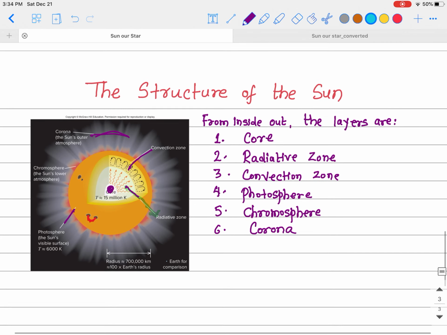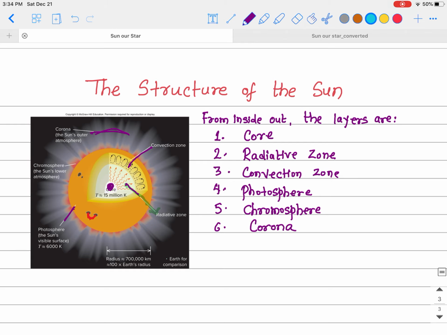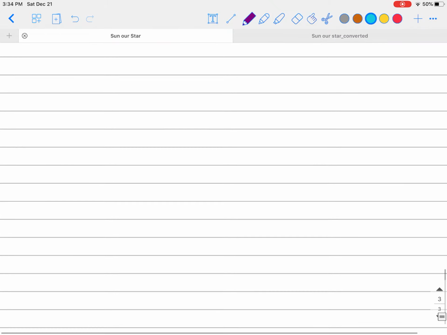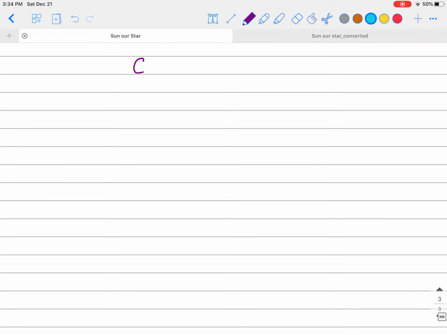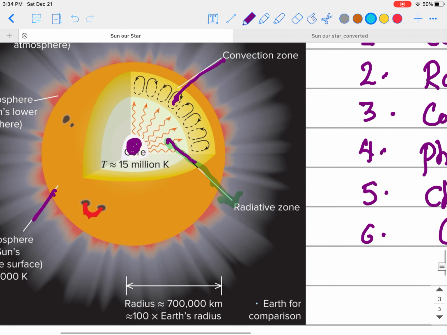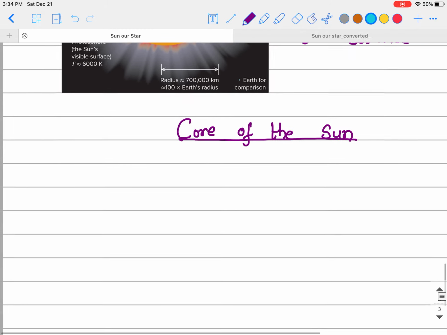In this video, I will be explaining about the core. If you look, the core is only about 25% of the size of the sun.